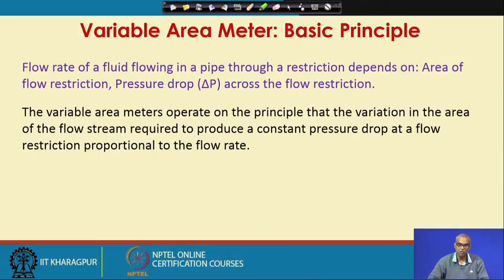So, this is just opposite to the constant area variable pressure drop meter, such as venturi meter, orifice meter, nozzle, etc. There we maintain the flow restriction constant and measure the pressure drop. Here what we are doing is we are trying to maintain the pressure drop constant and measuring the flow area.